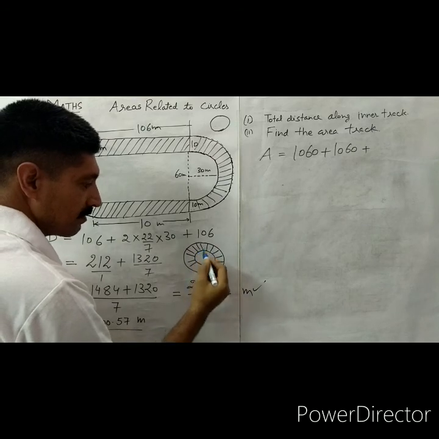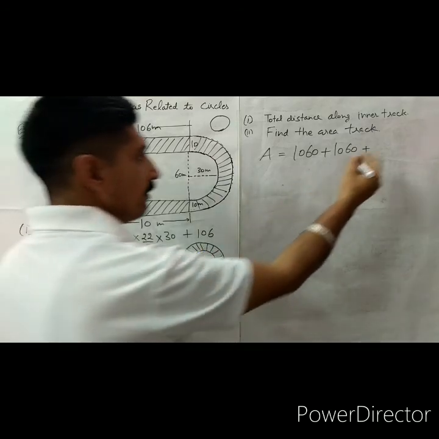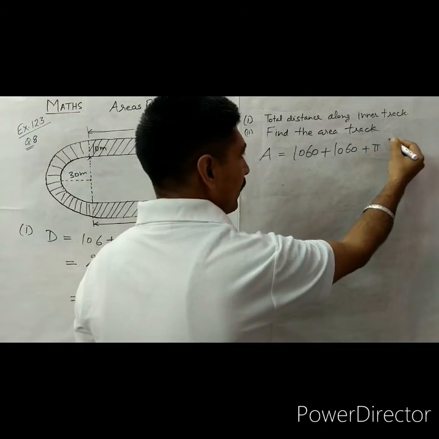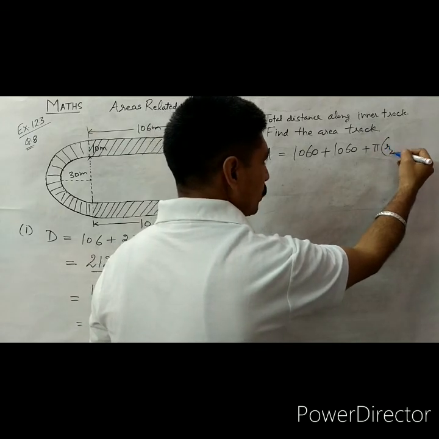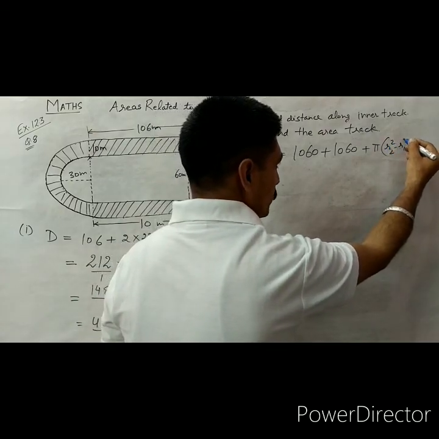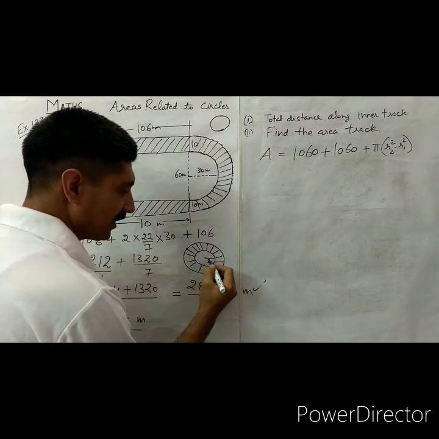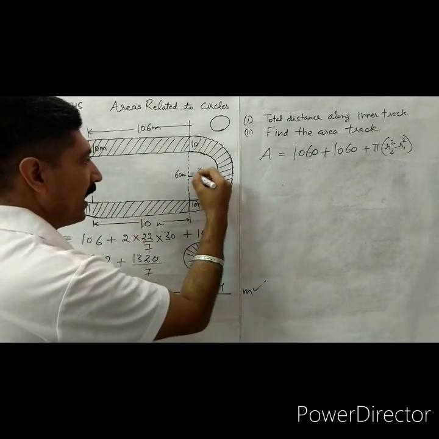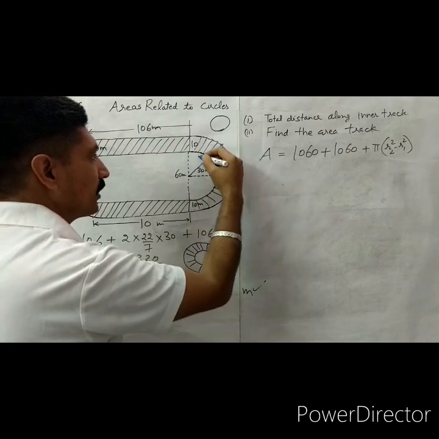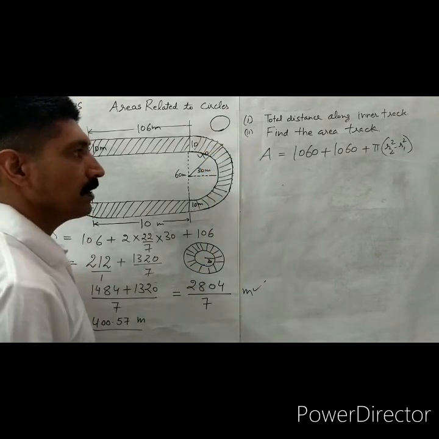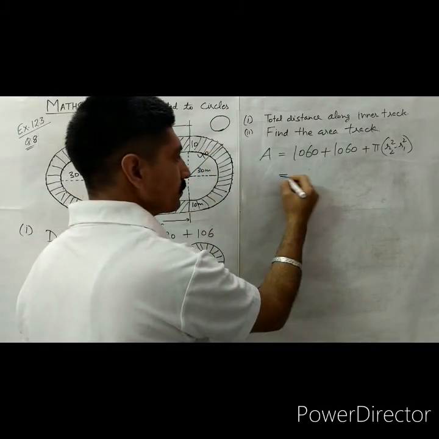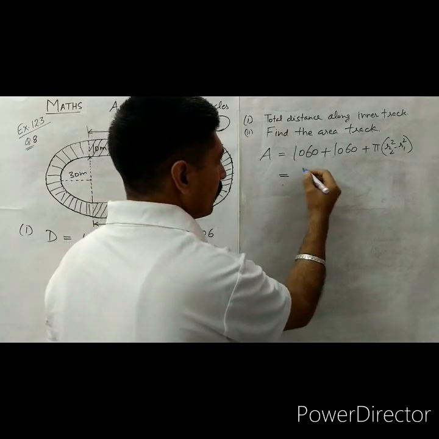To find the area of a ring, we will take pi common, and here r2 square minus r1 square. So in this case, r1 we know is 30, this distance is 30, and this distance is 40, 10 more.